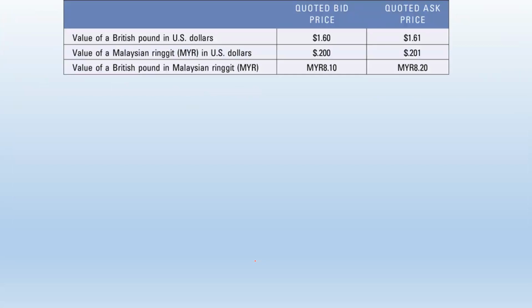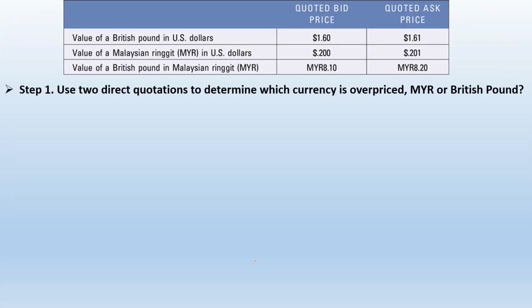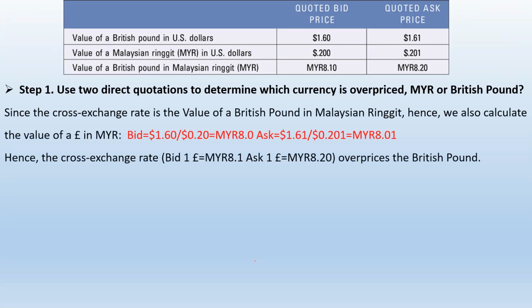So this is basically the same problem, but instead of only giving you one price, we give you both bid price and ask price. And the procedure is exactly the same. Use two direct quotations to determine which currency is overpriced.